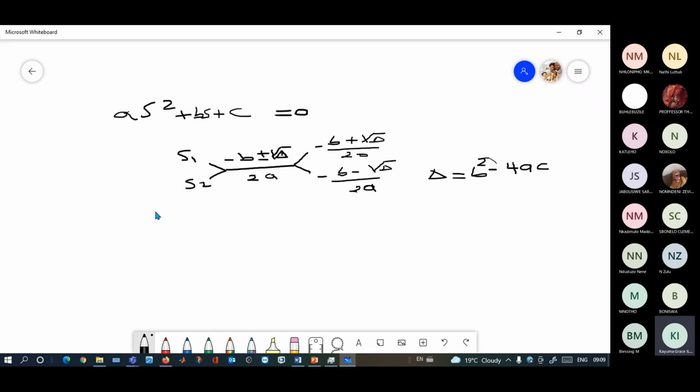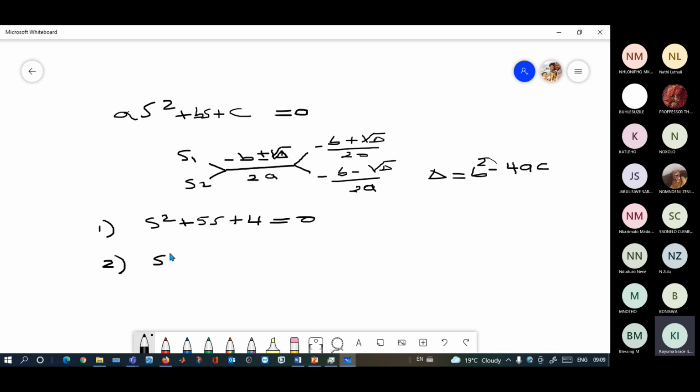When you have this example, I will give it to you so you can solve it. Let's say we have s squared plus 5s plus 4 is equal to 0. This is number 1. Please try to solve these before we come back at 1.